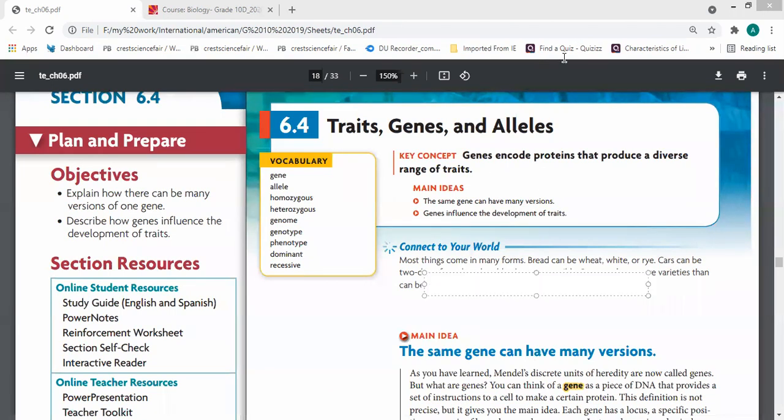Now we are going to explain a problem about genetics applied on Mendel's experiments. Pay your attention, please.